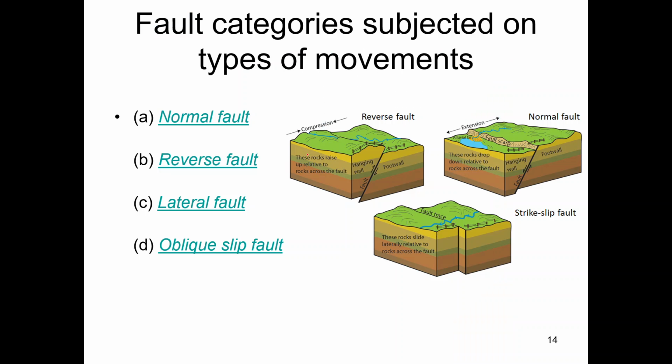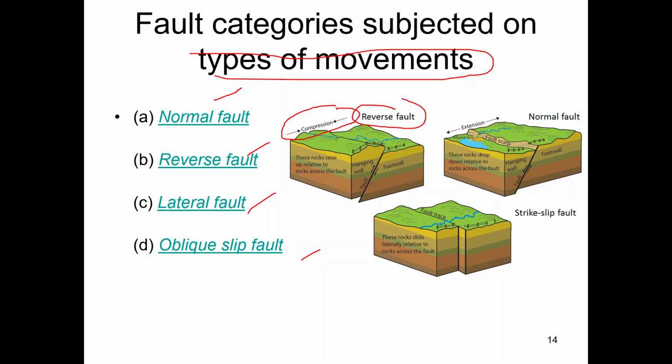In this fault category, it depends on the type of movement. So we have a normal fault, we have a reverse fault, we have lateral and oblique slip faults. A reverse fault is about compression force. A normal fault is because of tensional force.